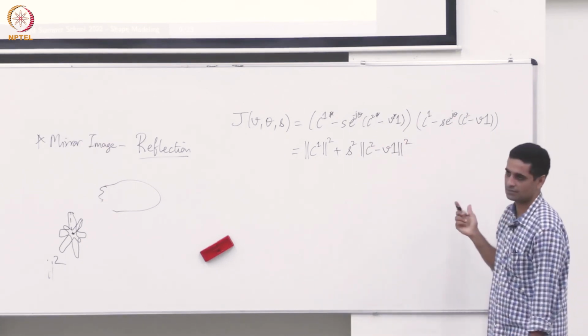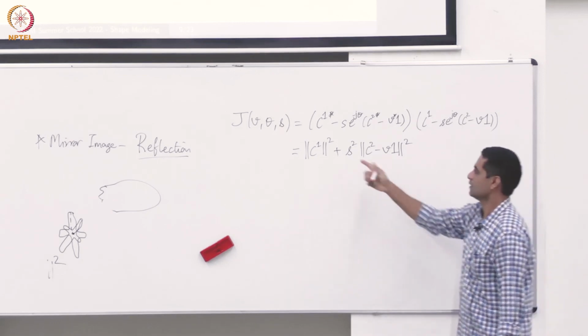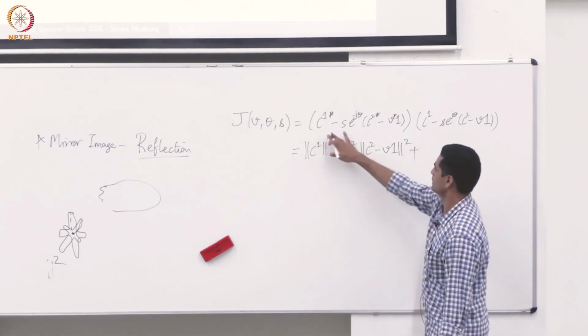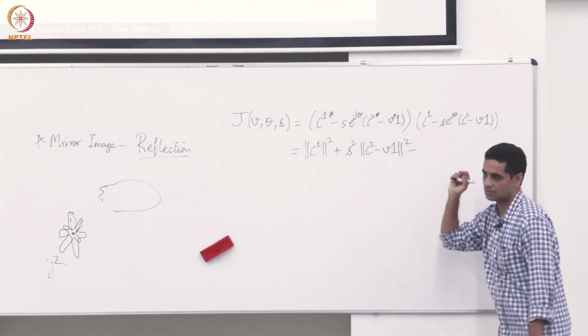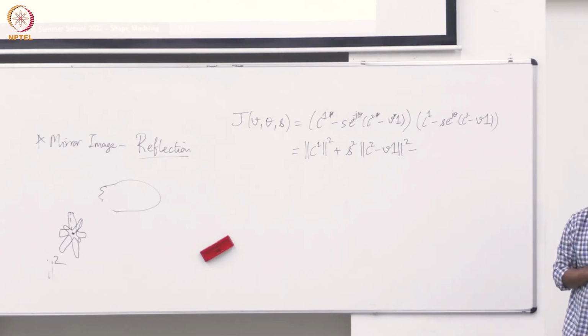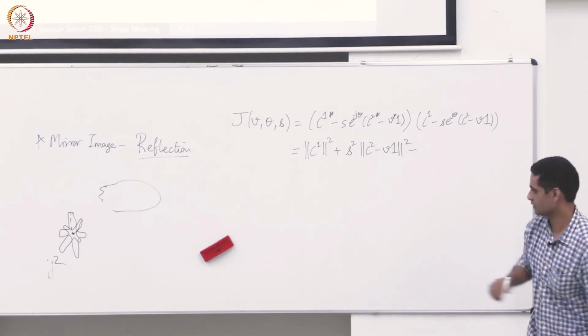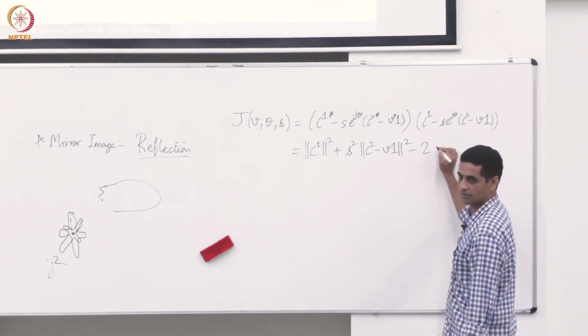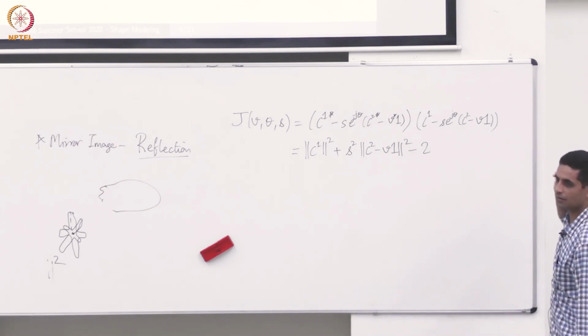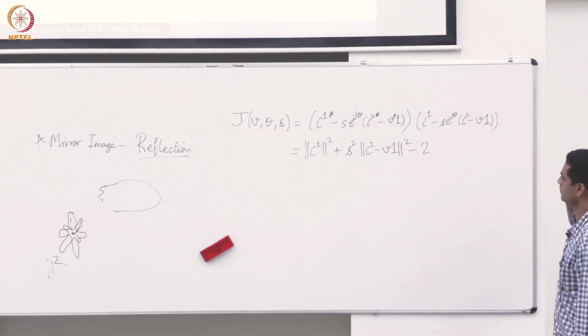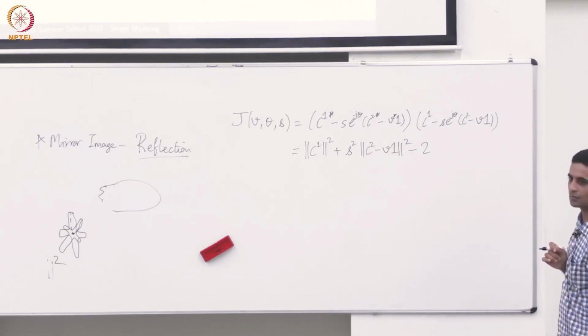And what else? This times this and this times this, what will you end up with? Norm of C1? But these are complex numbers, so no, it will not have a norm in it.